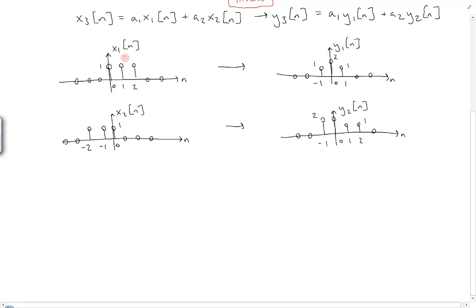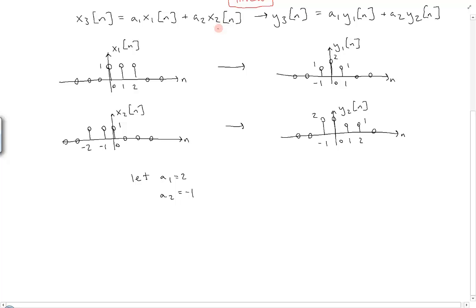So given these two input signals, that they produce these output signals, what would it mean if the system were linear? So suppose that I'm going to say let a1 equal 2 and a2 equal -1. I'm assigning two scalar values for our multiplication in this top equation over here.